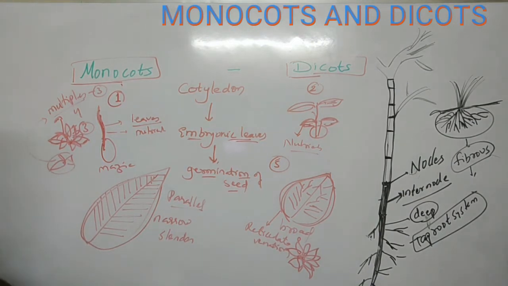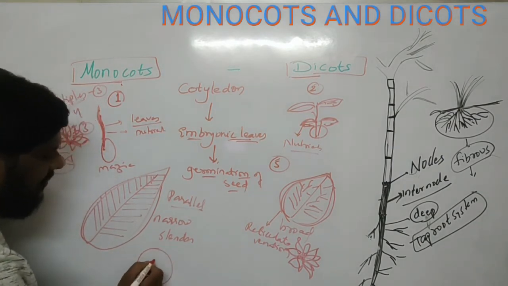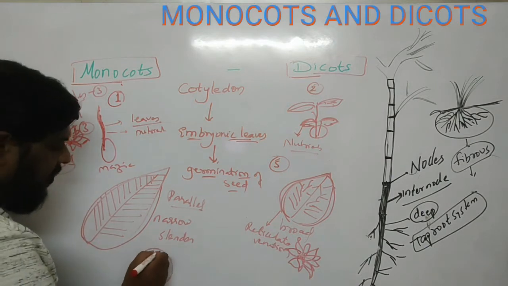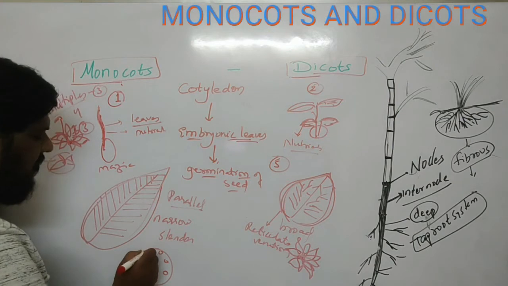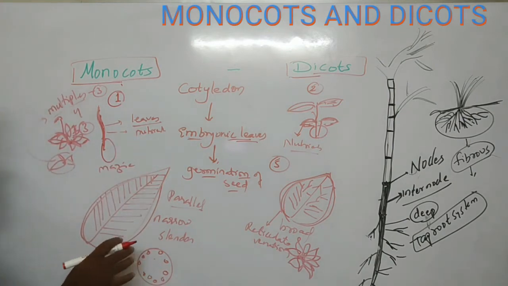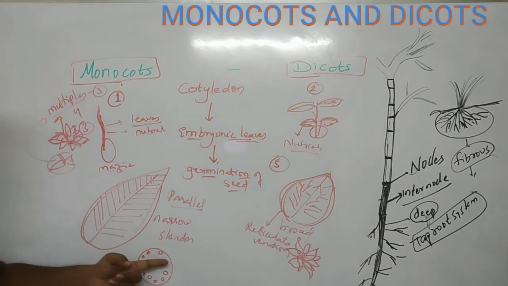Now if you see the vascular bundles, that is what we have studied about the xylem and phloem. The xylem and phloem usually are present at the edges. In the monocots, they are present at the edges, and they are scattered. They are not in a perfect particular shape. So they are scattered at the edge of the stems like this.